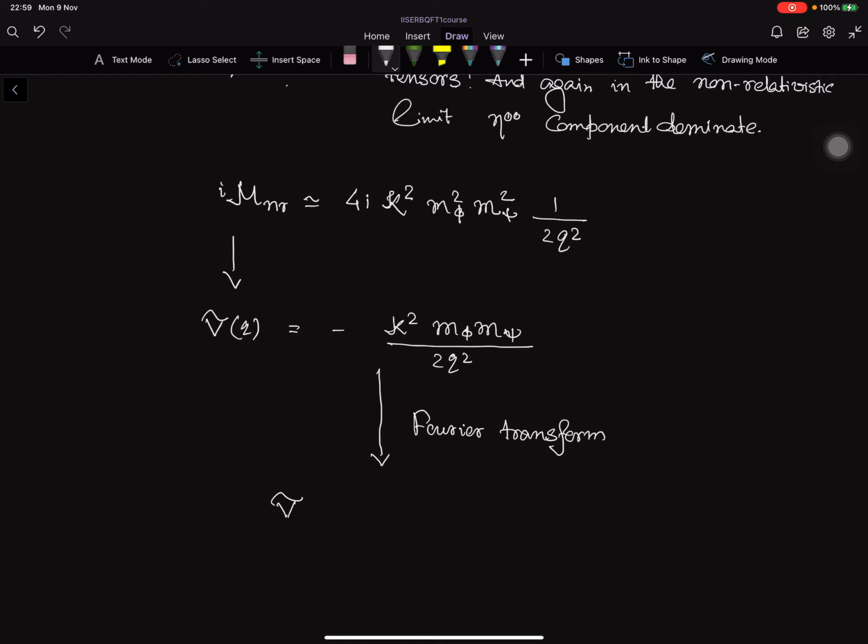And we get V tilde of x, the potential, is simply minus κ² m_φ m_ψ over 8π times 1 over r.